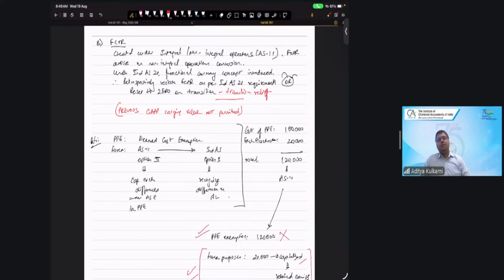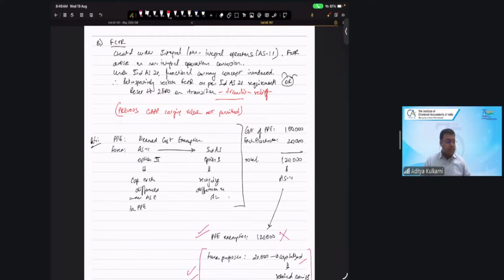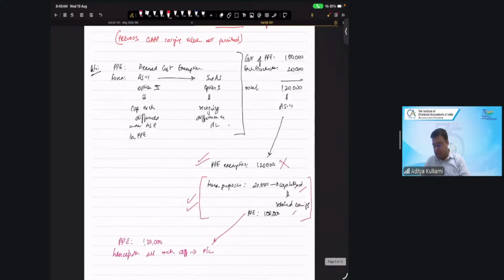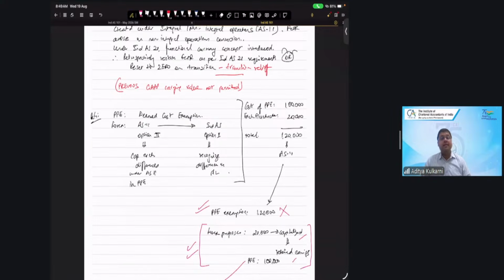The second option is you can do a fair valuation on the date of transition. Now the fair value on the date of transition is not a revaluation option permission, right? It does not mean I'm following the revaluation model. It is a starting point for Ind AS implementation.